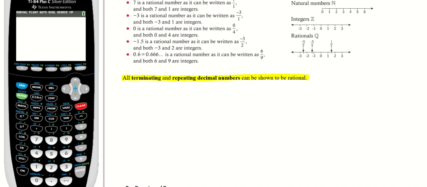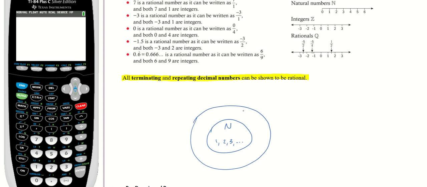So an interesting thing is how all these number sets relate to each other. So natural numbers are the smallest set, and that would be things like 1, 2, 3, etc. Integers encompass that natural number set. So they include all the natural numbers plus negative numbers as well, and so on.